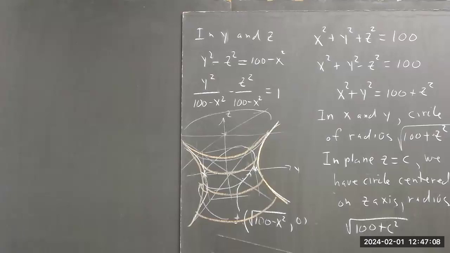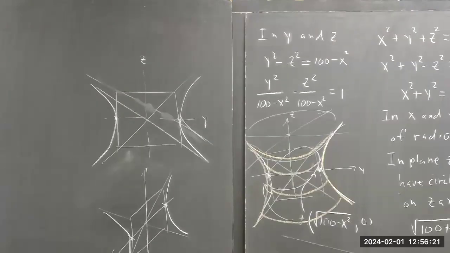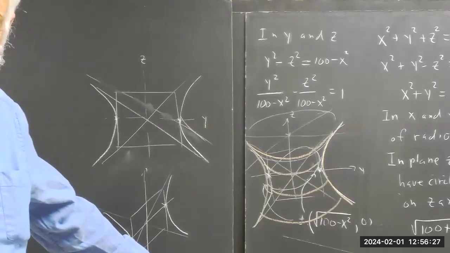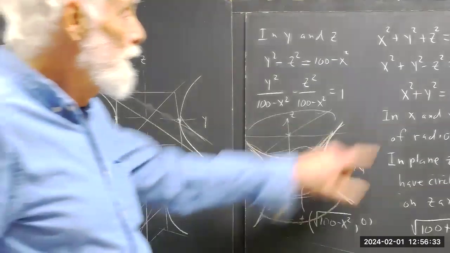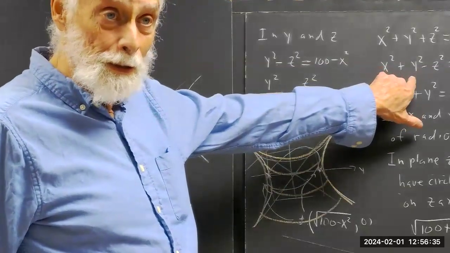I think we had a question. Okay, I got a series of good questions. It finally boiled down to, why is it rotated about the Z-axis? Well, you see a symmetry between X and Y here.